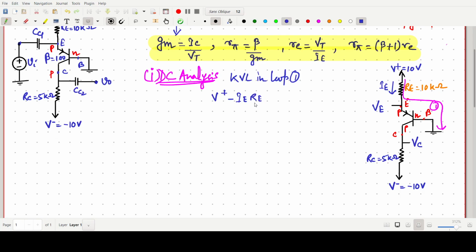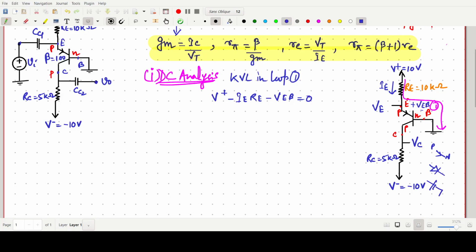We have to be very careful about this, and this potential VEB, so minus VEB equals 0. Basically a PN junction is there, so just consider it as a diode for easy understanding.